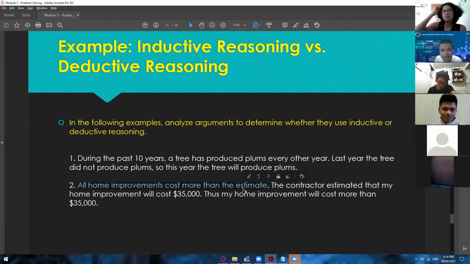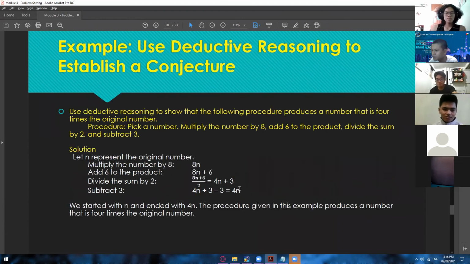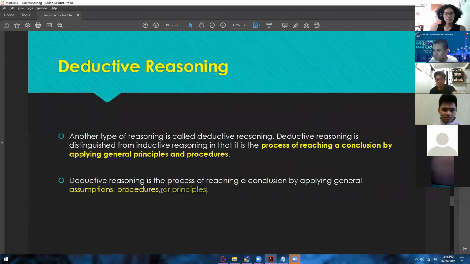Though when we say inductive, we must have real data, real computation. But here we're applying the principles, or the general assumptions. If we only have general assumptions, then it's inductive reasoning already.